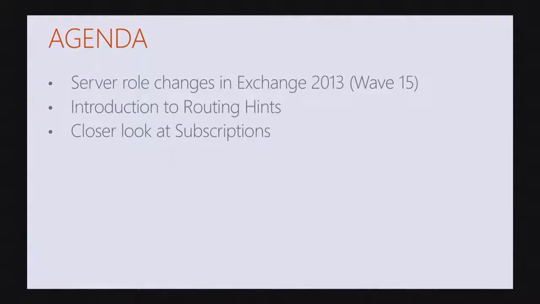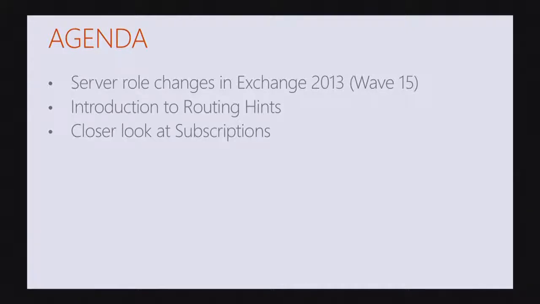The main agenda for this talk is to introduce some key server role changes in Exchange 2013 Wave 15 that affect how we, as an EWS-based service or application, create affinity, and where we need to create affinity with back-end Exchange servers. It's mainly at the mailbox role.